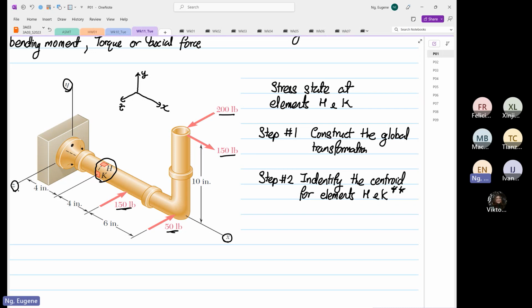You look at elements H and K. H and K are more on the horizontal component of the shaft.